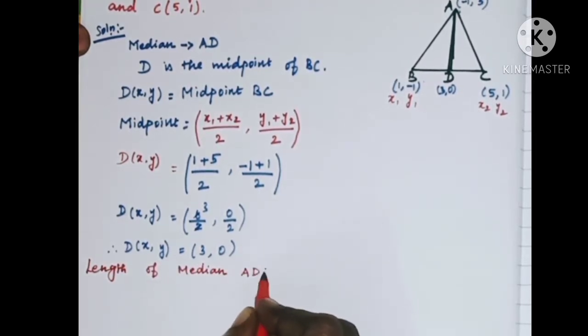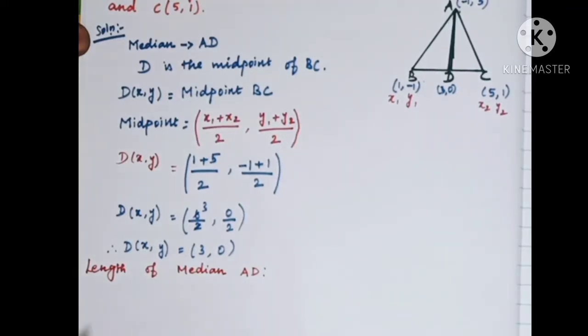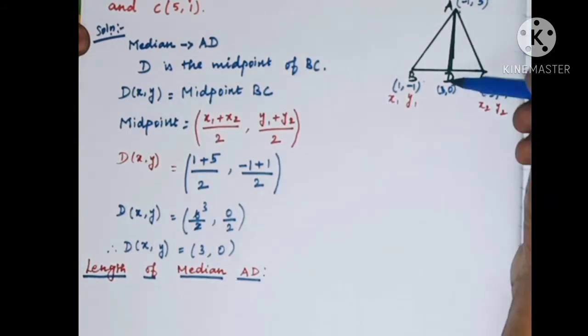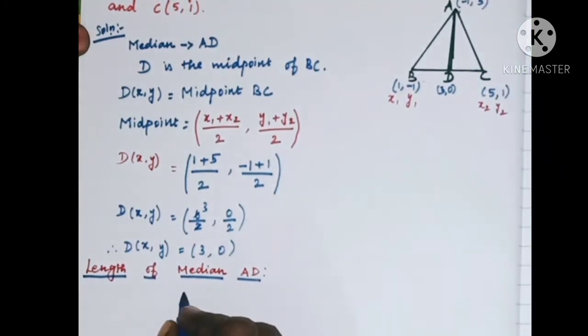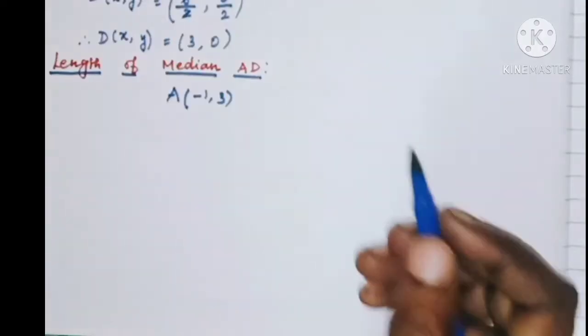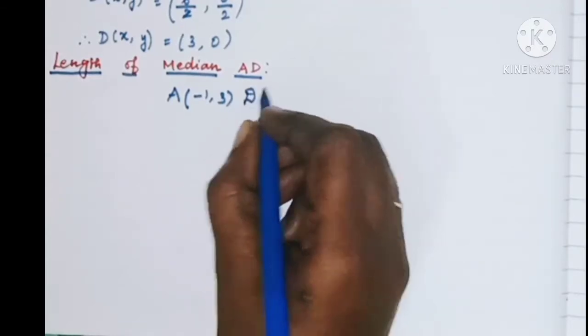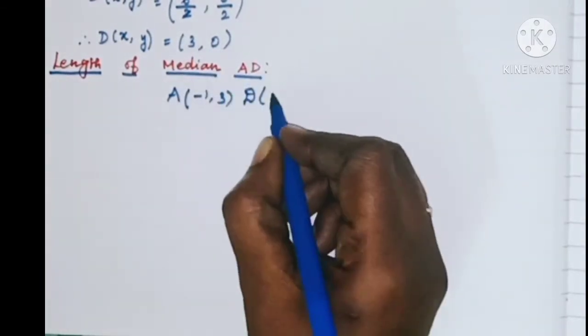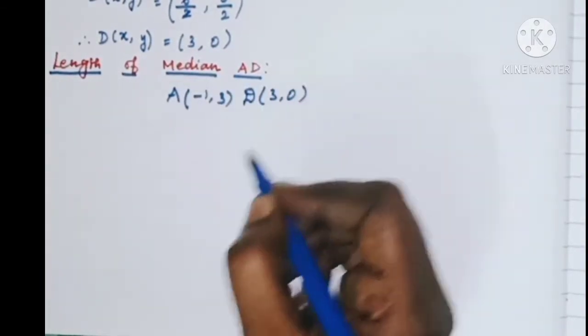To find the length, we have to find the distance between the points A and D. The coordinates of A are minus 1, 3 as given in the sum, and the coordinates of D are 3, 0.